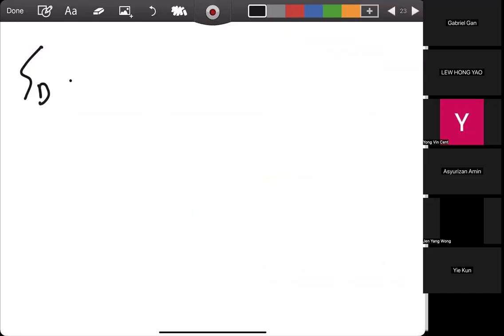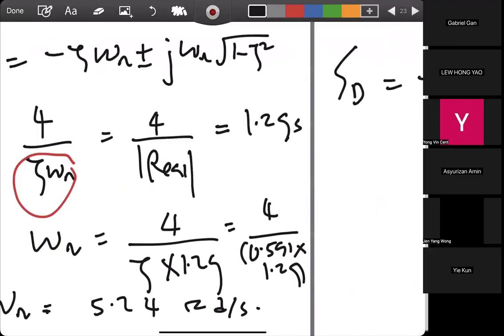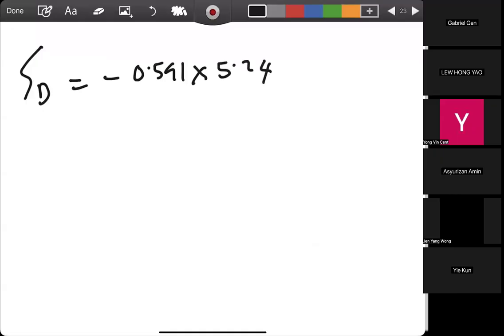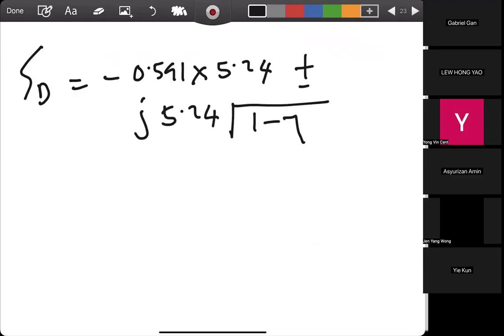So now the dominant pole is minus 0.591 multiplied by 5.24, plus or minus j omega n square root of 1 minus zeta squared.